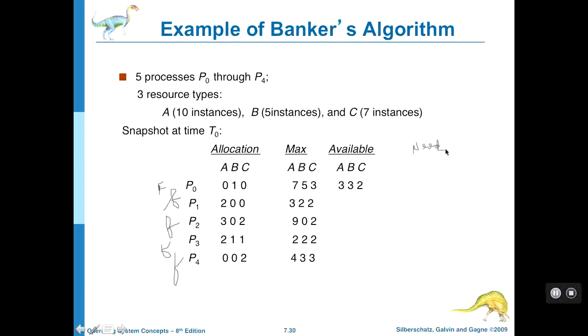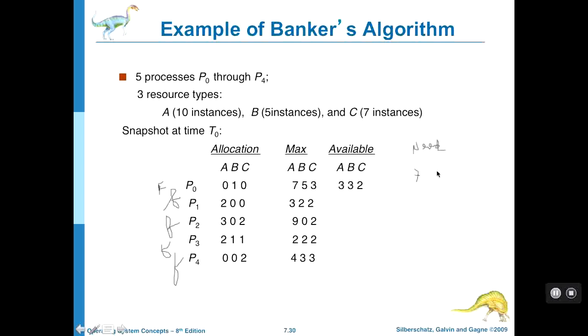And if you remember when we looked at the data sets, need was actually max allocation minus allocation. So a need is actually going to be this table minus this table. And so here for the first process, we've got P0 has 0 of A allocated but can use up to 7, so 7 here.